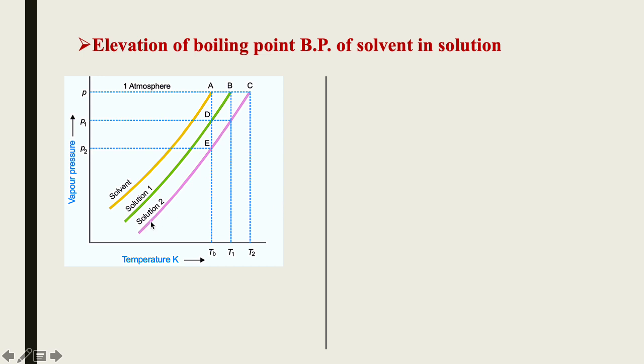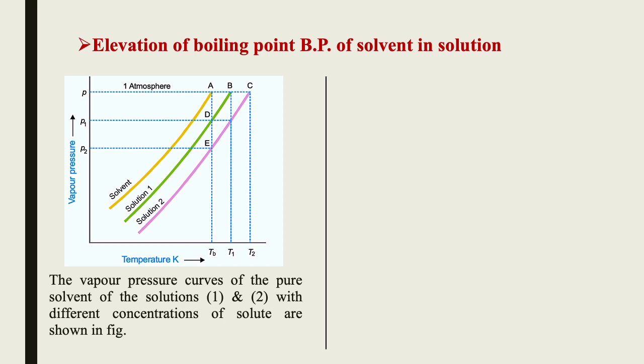As this graph shows for solution 2, as the temperature increases, the boiling point of solution 2 also increases. At a certain point you will have C. So the vapor pressure curves of the pure solvent and of solutions 1 and 2 with different concentrations of solute are shown in the figure.